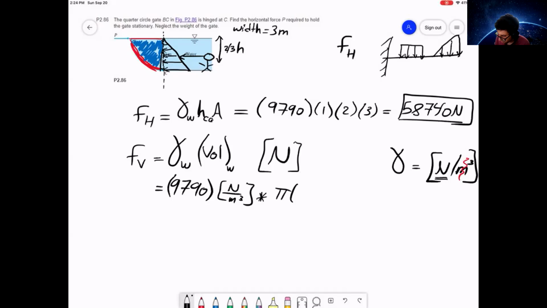So pi over 4 times 2 squared. Remember, it's three-dimensional, so times 3, the width. And now you end up with the volume, and this should be in meter cubed. So meter cubed will be canceled and you'll end up with Newton, and that's the weight of the water.